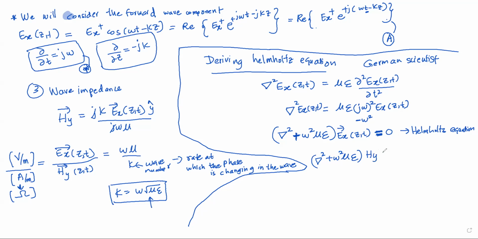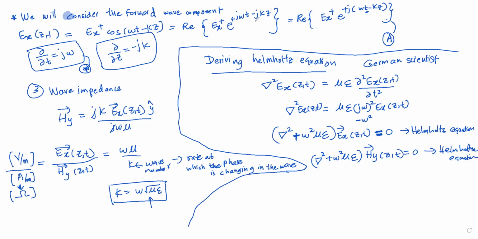Therefore, we are left with this type of output as the Helmholtz equation related to the magnetic field. So this is what we can obtain, right?